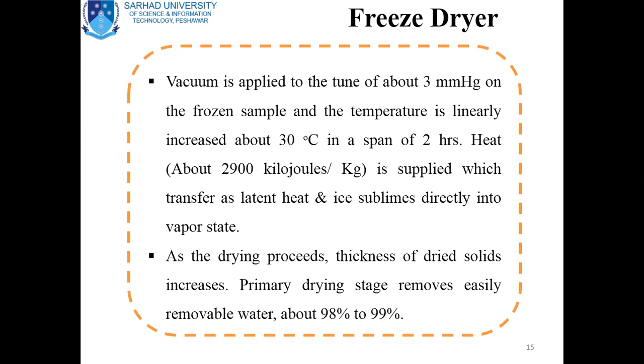The primary drying stage removes easily removable water, about 98% to 99%. In this step, 98 to 99% of the water, that is the easily removable water, is removed in the primary drying stage.